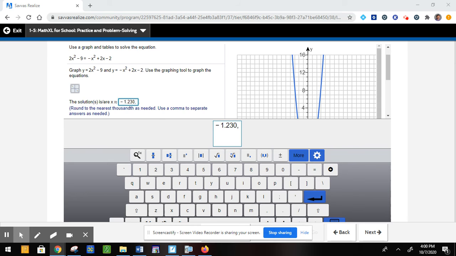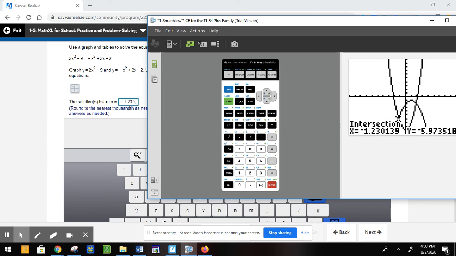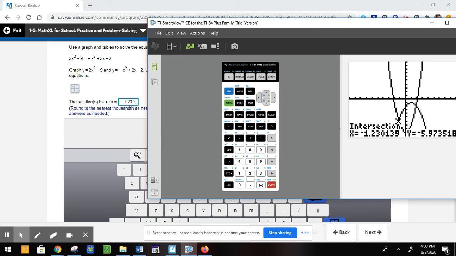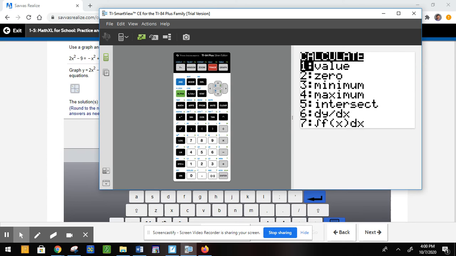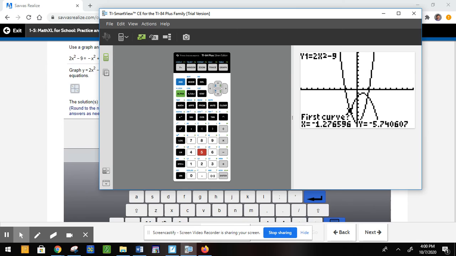And then we can use the calculator to tell us the other intersection point. So what we're going to do is hit second, calc again, hit intersect, so number 5. Now we're going to move the cursor over to the other place where it's intersecting, okay?